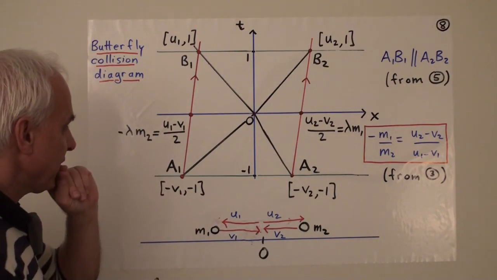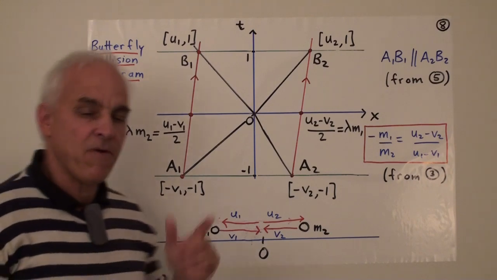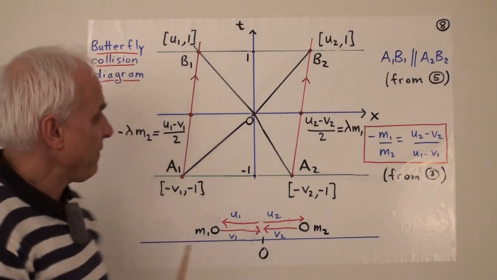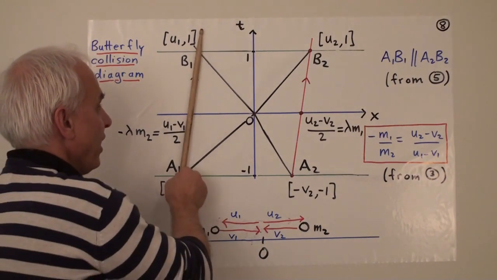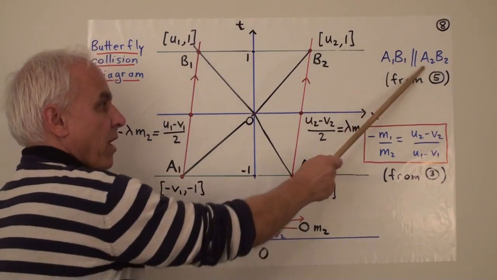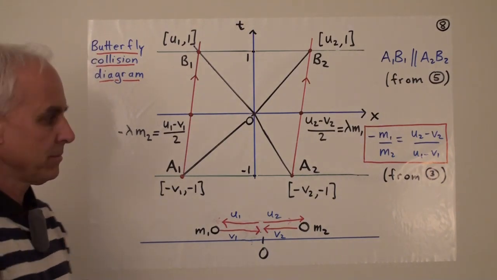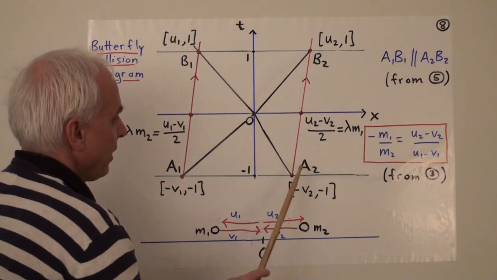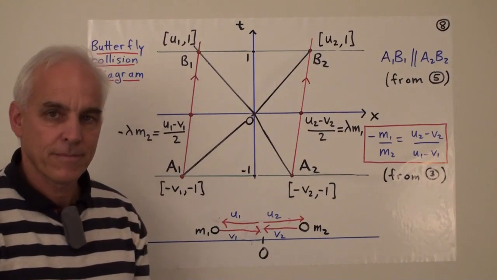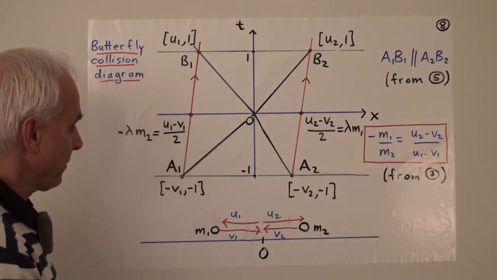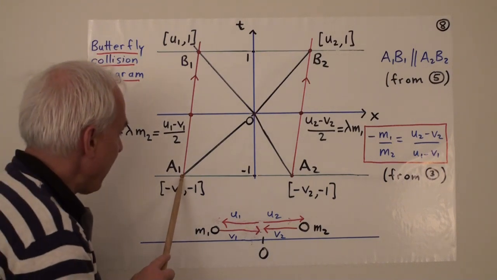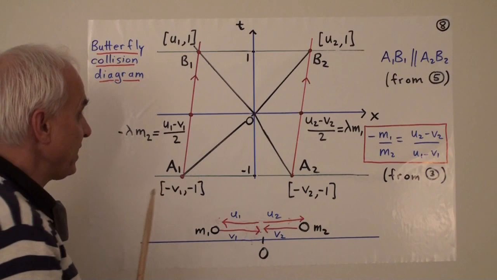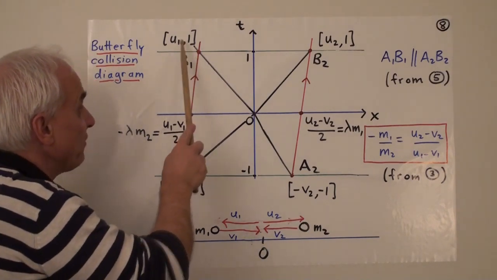Now there's some interesting sort of elementary geometry here that follows from the equations that we've derived. And the first one is that these two lines, the red ones, are in fact parallel. These two lines are parallel. So A1, B1 is parallel to A2, B2. Why is that? Well, what's the vector from this point to this point? It's obtained by taking the differences of the position vectors.